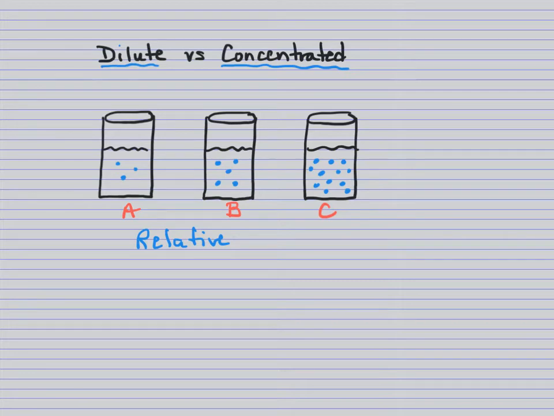But if I were comparing B and C, I would say B is dilute and C is concentrated. Or I might just say B is more concentrated than A, and C is more concentrated than A and B. Or C is the most concentrated solution there, or A is the most dilute solution there. So it's all relative. You're just comparing one thing to another.